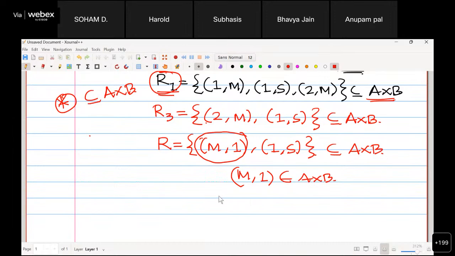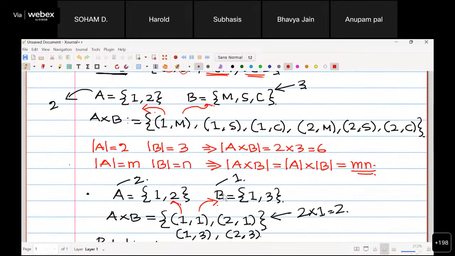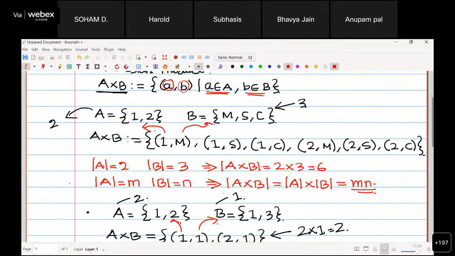Can you figure out where m comma 1 is in A cross B? No, sir, that is 1 comma m, not m comma 1. 1 comma m is not the same as m comma 1, right?